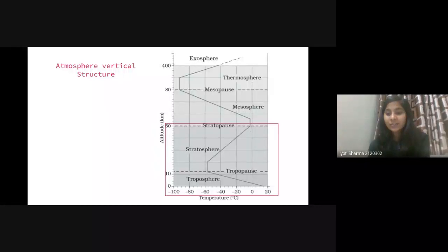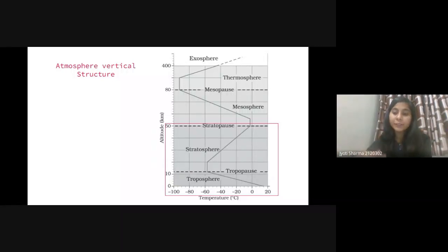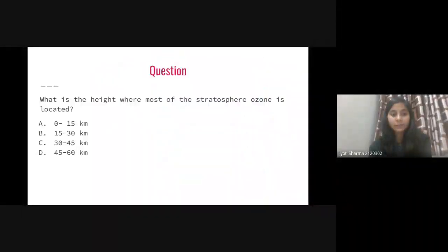And this stratosphere is basically from 15 kilometers to 50 kilometers. We have already discussed that good ozone is present in the stratosphere. So among the options, B should be the right answer, that is 15 to 30 kilometers. This stratospheric ozone should be present here. Okay, so we are just now talking about the good ozone.